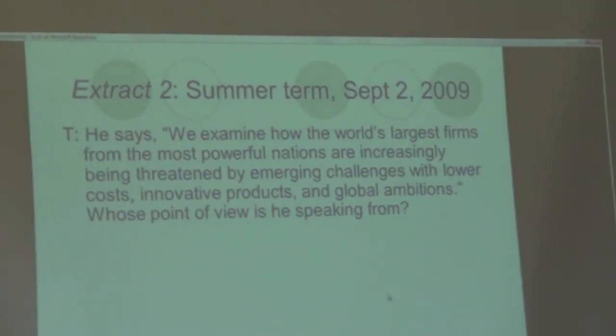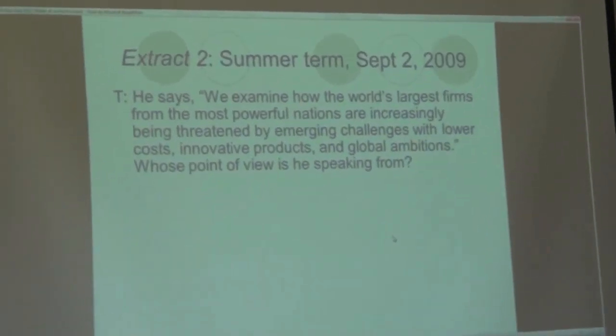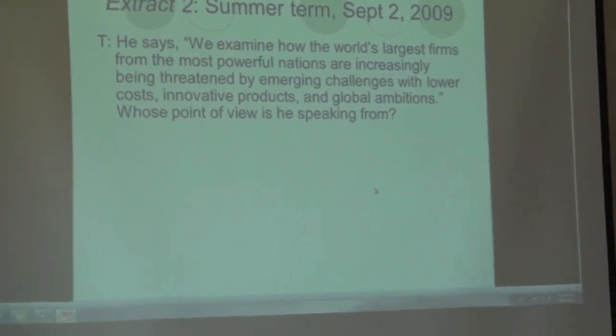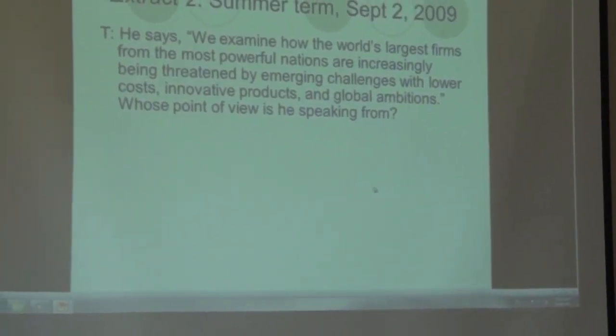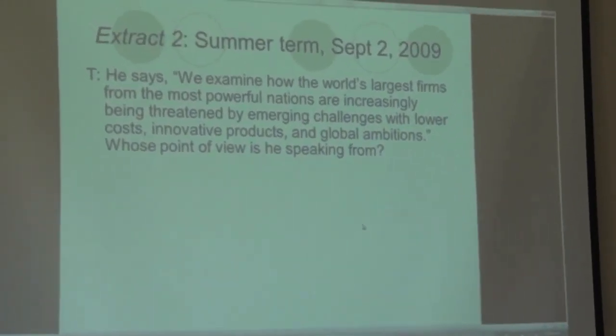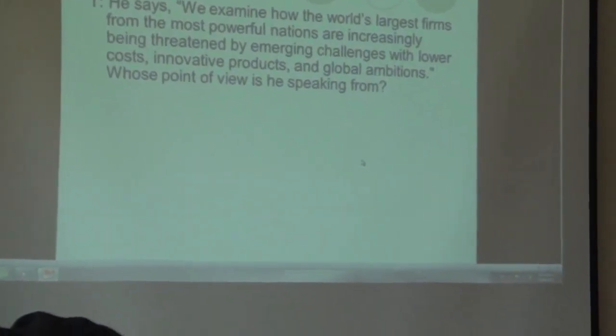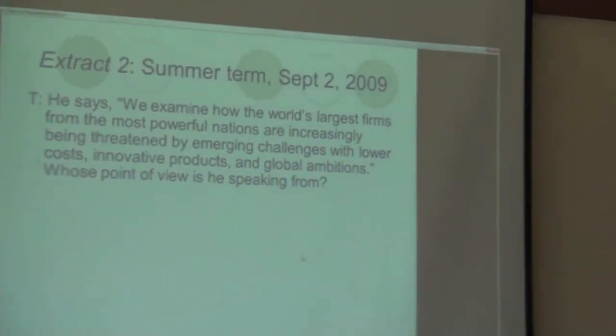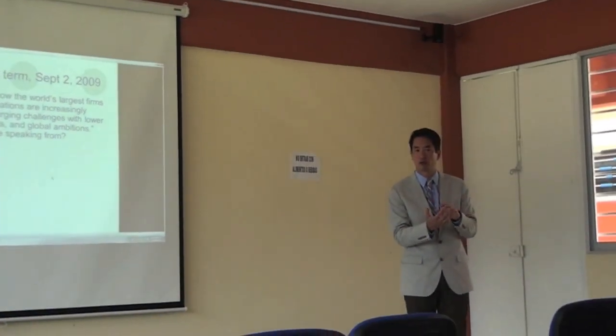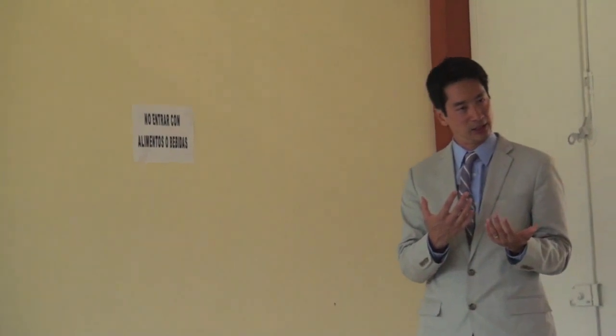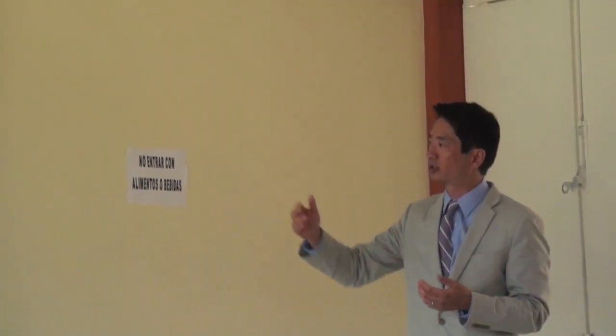So here is an example of a critical literacy moment in her classroom, where you can simply ask our students, whose point of view is this text speaking from? Is it speaking from my point of view or another point of view? Is this point of view matching my point of view? Why is this viewpoint being presented in this particular way?